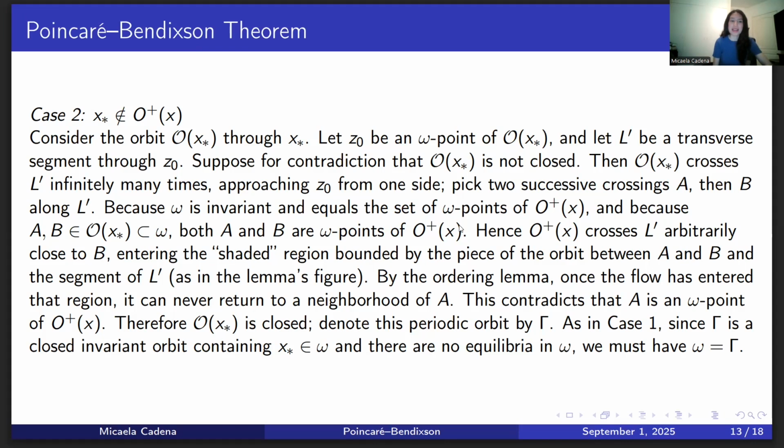So now gamma is a closed invariant orbit containing X star that's also in the omega limit set. And there are no equilibria in the omega limit set, so we must have that both sets are equal.